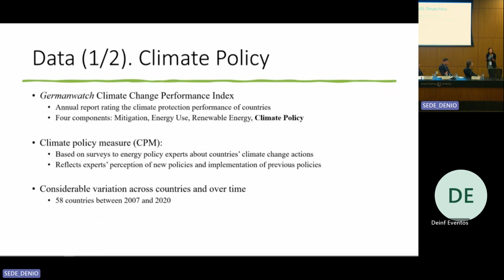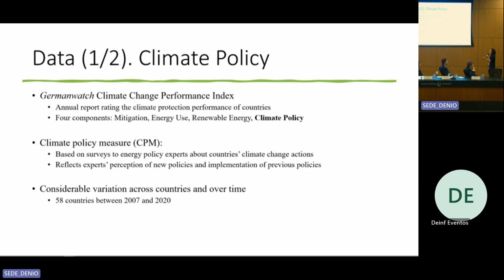What is the climate policy measure that Germanwatch produces? They send surveys to energy policy experts all around the world, who fill out the survey with their perceptions about countries' climate change actions. So for every country, this index captures the perceptions of energy experts on how the country is implementing new climate policies, not only designing new climate policies, but also how the old policies are being implemented.